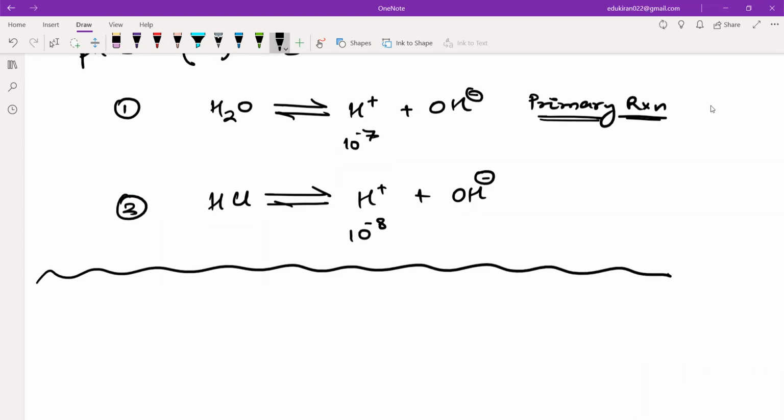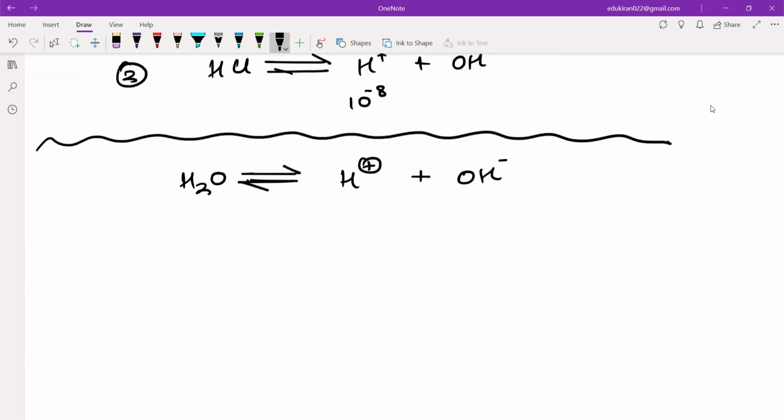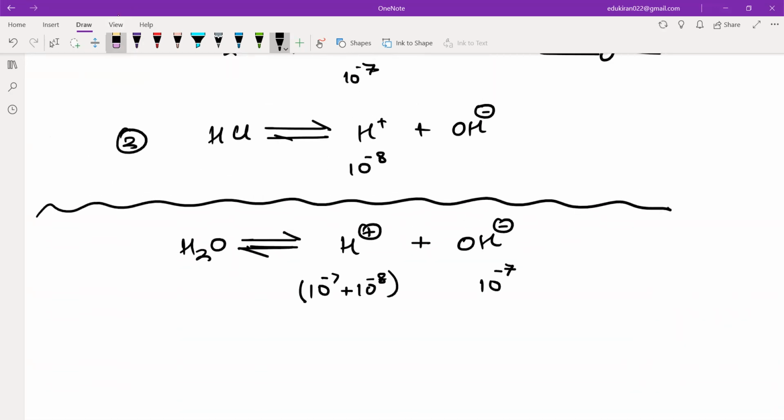Now, after we have added the HCl, I can write the reaction as H2O in equilibrium with the concentration of H positive plus the concentration of OH negative, right? The concentration of H positive is 10 to the power minus 7 plus 10 to the power minus 8. And the concentration of OH negative is 10 to the power minus 7 only, because we have not done anything to it. Sorry, here I wrote OH negative, it should be Cl negative.